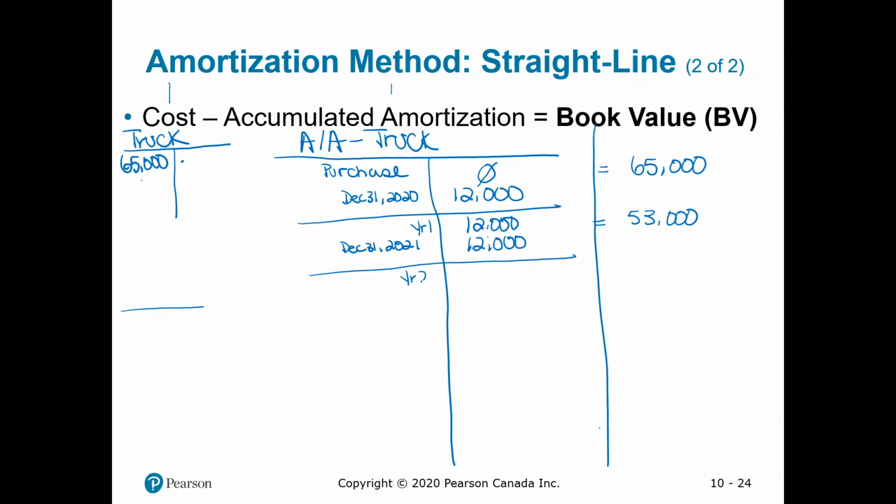So at the end of year two, we now have this accumulated amount of $24,000. So our book value here, the cost of $65,000 minus $24,000, our book value is $41,000 at this point.